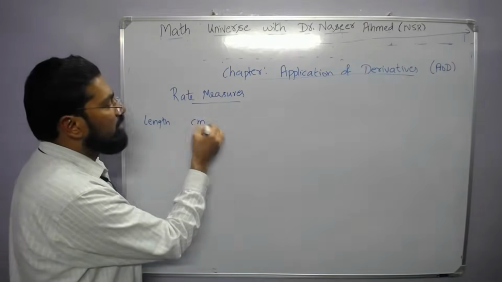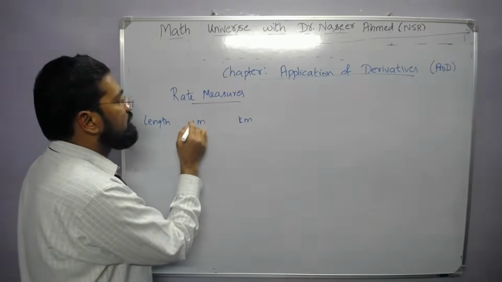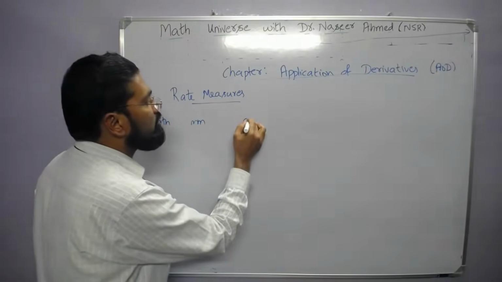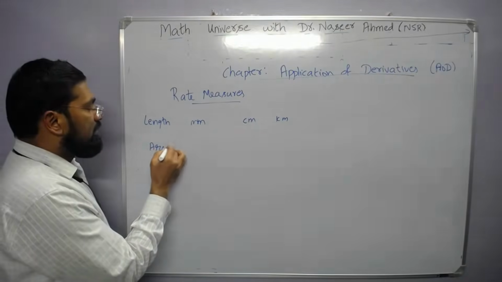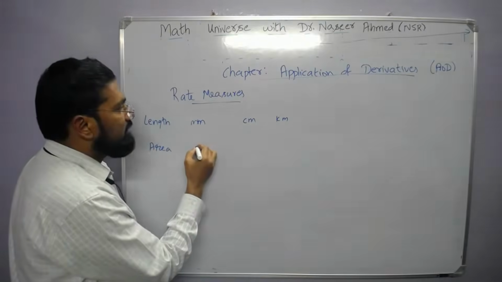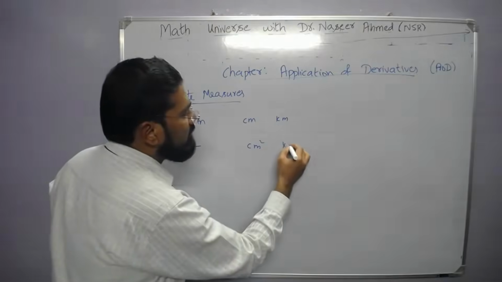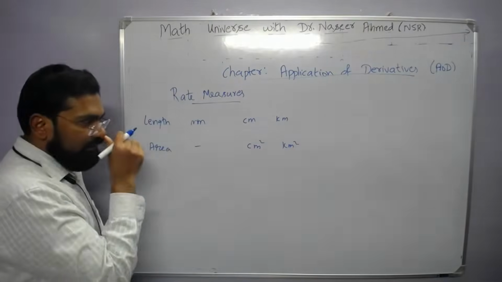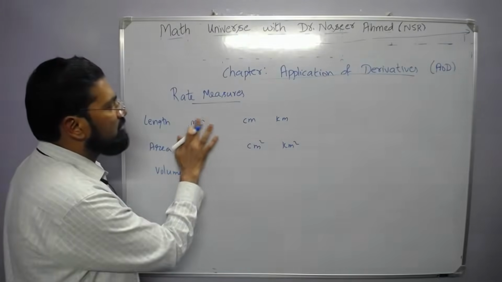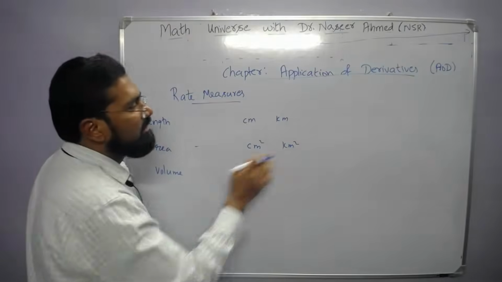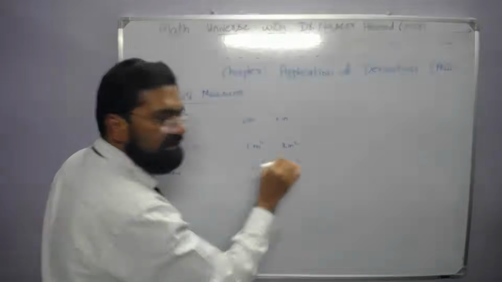Millimeter, centimeter, kilometer. If I talk about area, we have square centimeter, square kilometer. Then coming to volume, usually you don't have a problem, so cubic centimeter is sufficient.